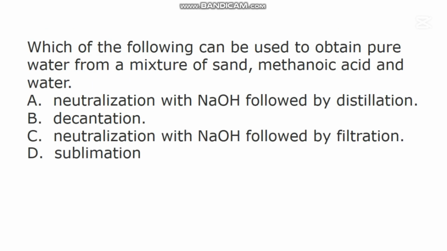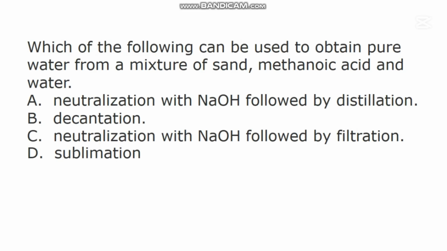The next question says, which of the following can be used to obtain pure water from a mixture of sand, methanoic acid and water? A. Neutralization with sodium hydroxide followed by distillation. B. Decantation.